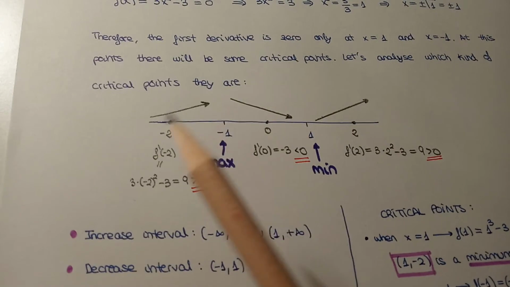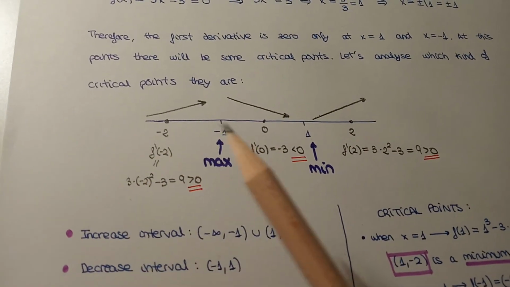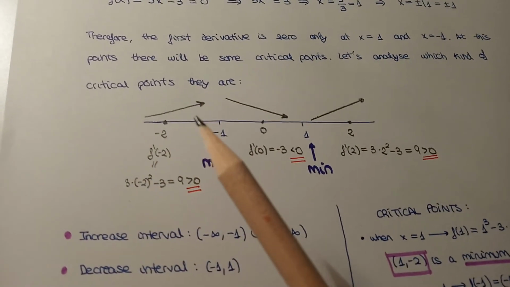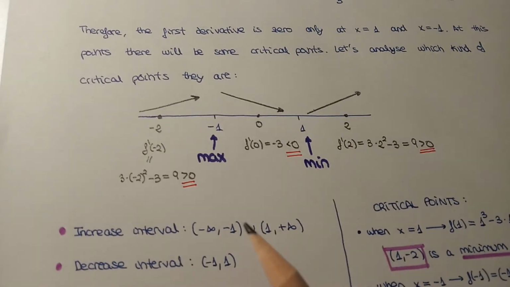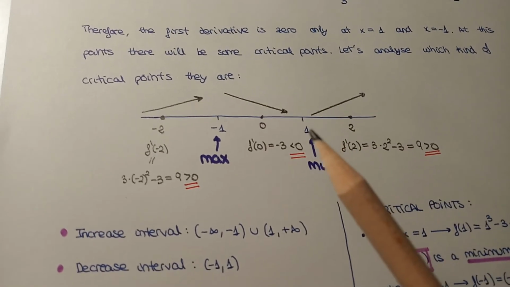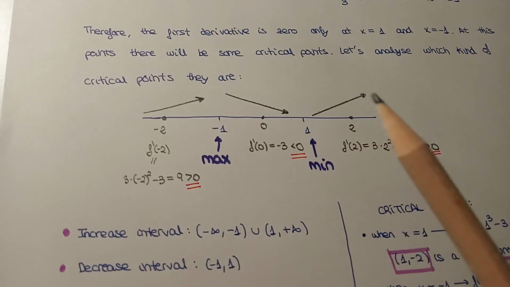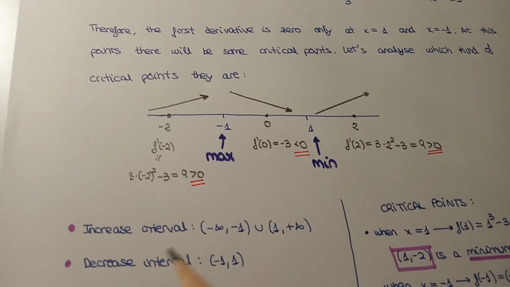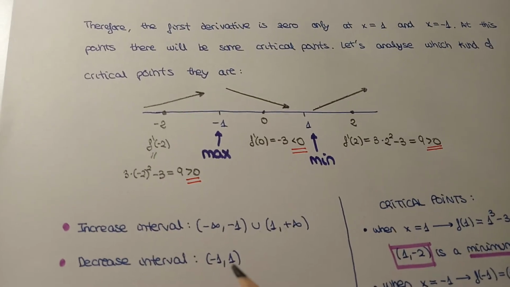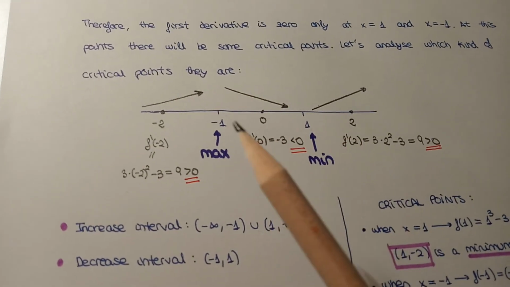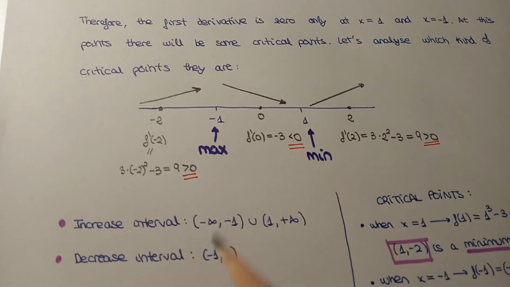The increasing interval is from minus infinity to minus 1, because these are always going up, union from 1 to infinity, because these are always going up as well. The decreasing interval is the one in between, minus 1 to 1.